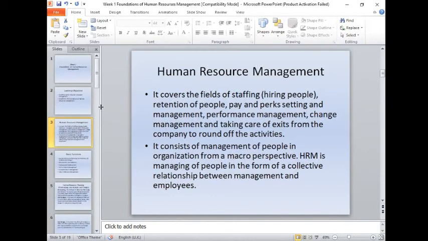And controlling is about the jurisdiction of the organization when it comes to labor and management relations, and at the same time the working conditions of the employees inside the organization.